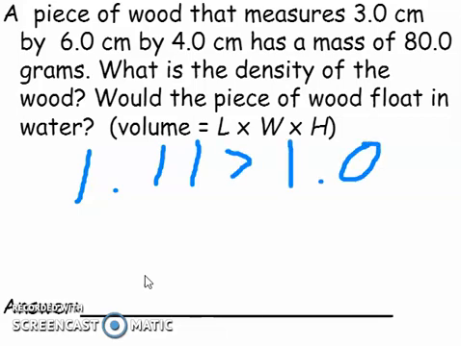Therefore, if this is water, H2O, and this over here is our wood, this density being higher than water will cause this piece of wood to sink. Things that are less dense than water will float. Things that are more dense than 1.0 will sink.